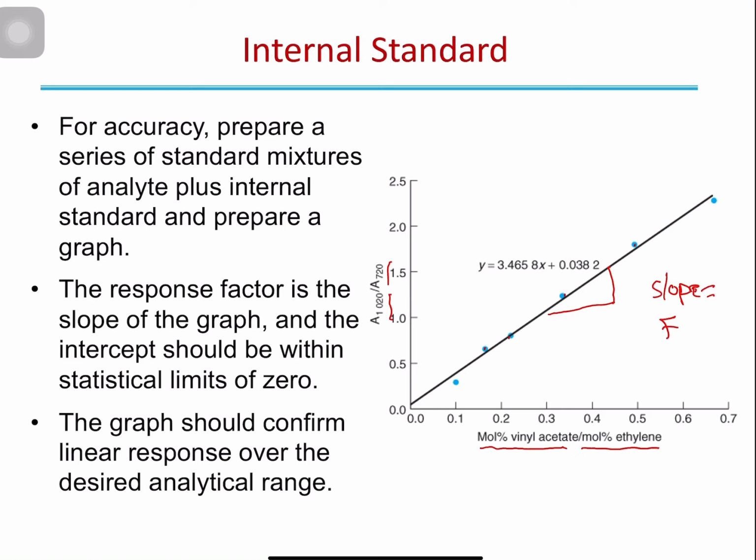But because there is always a random error, there will be a slight variation from one run to the other in the ratio between the response for the analyte and the internal standard. So this is why we create a calibration curve, to make sure that we exclude any random errors.